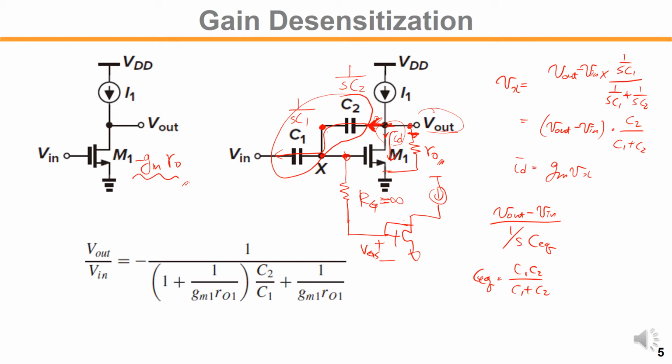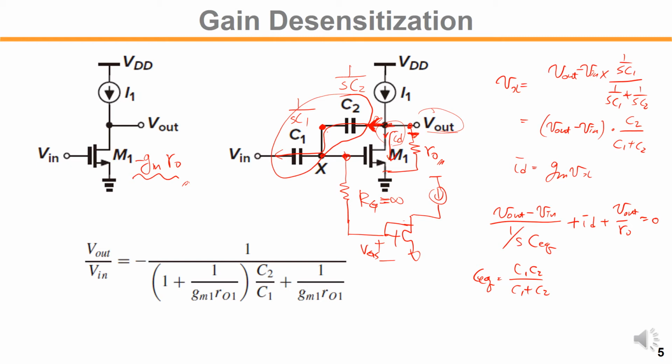Now ID plus V out over RO would be 0, right?